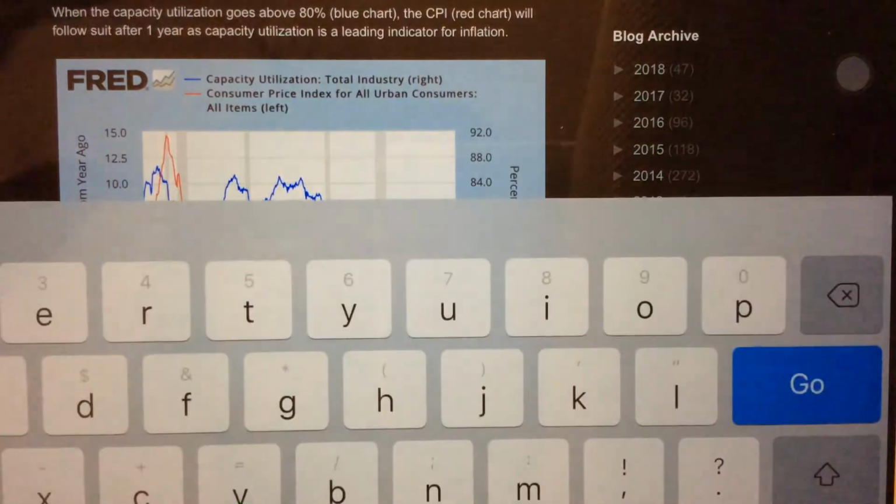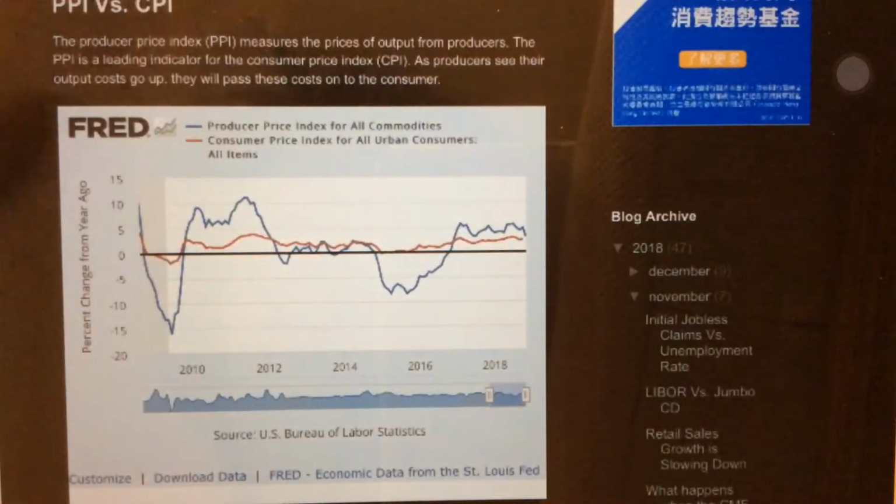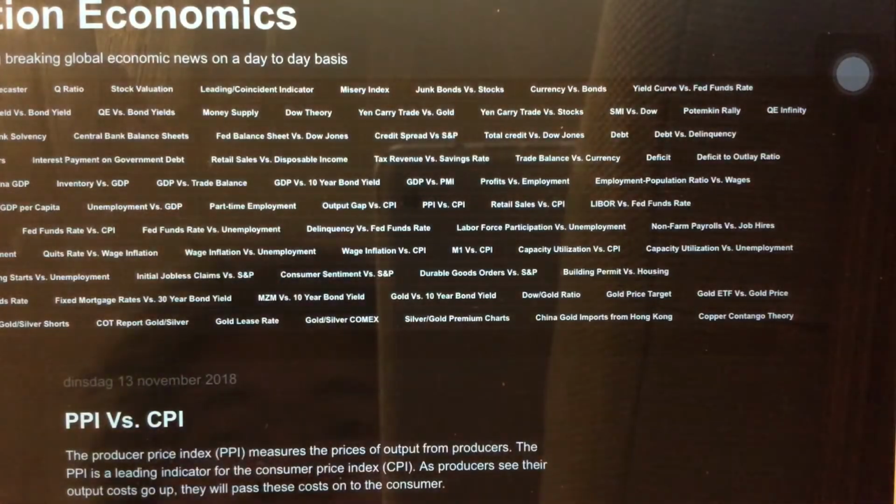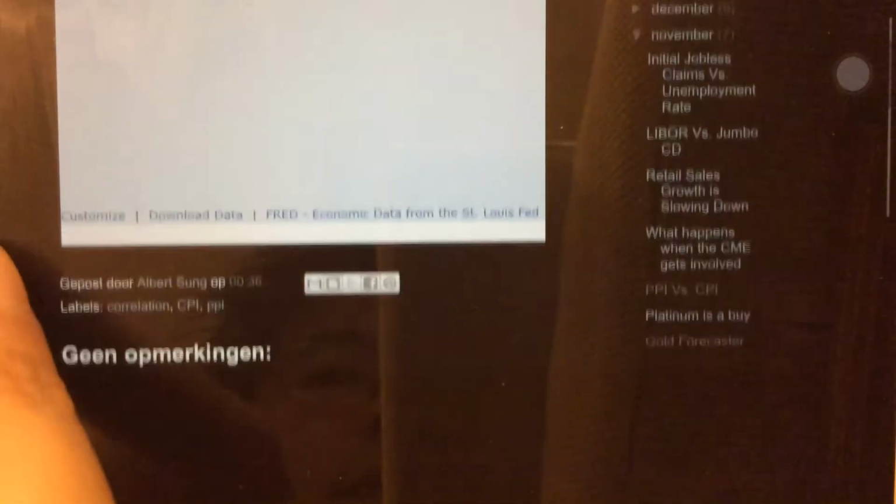Let's go over to the next one, which is the producer price index.